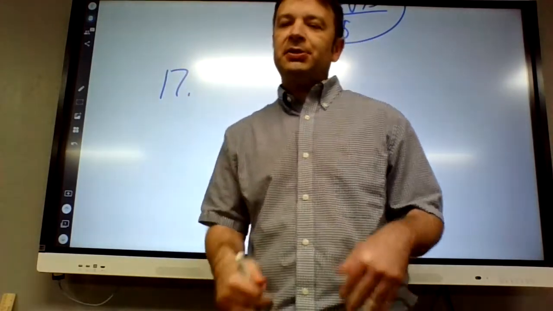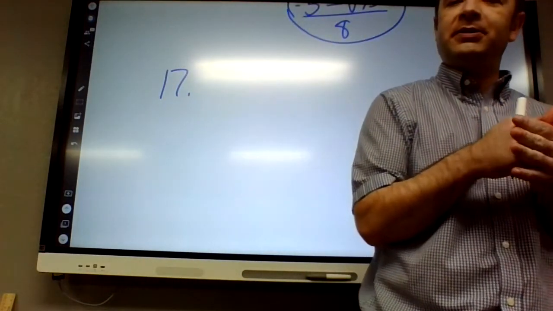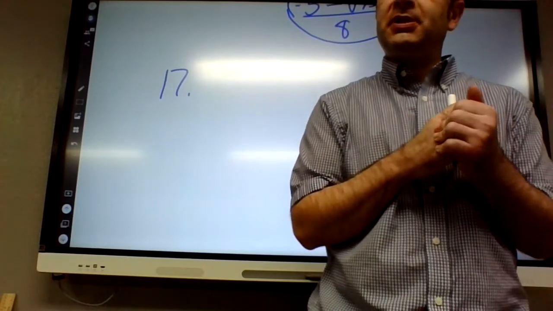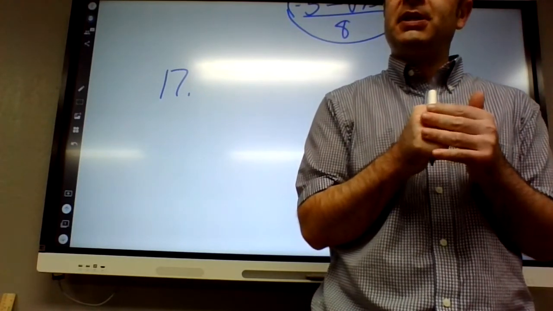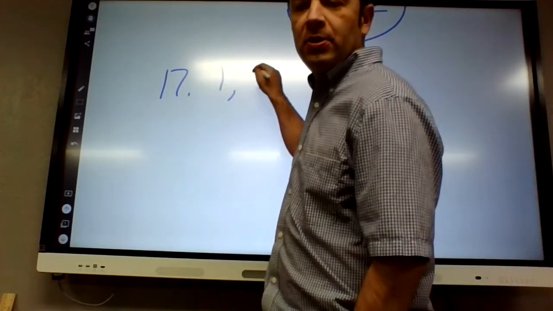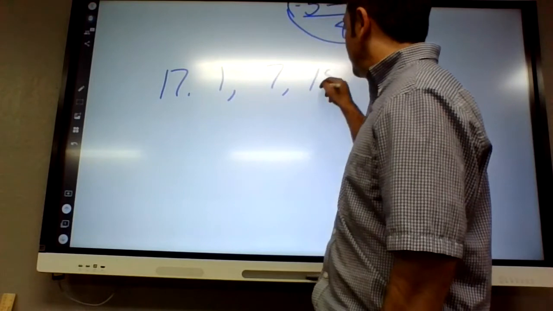Okay, does 17 factor? What multiplies into 15 that adds up to 7? 5 times 3, does that add up to 7? Nope. No, it doesn't factor. So we have to use 1, 7, 15. We have to use the quadratic formula.